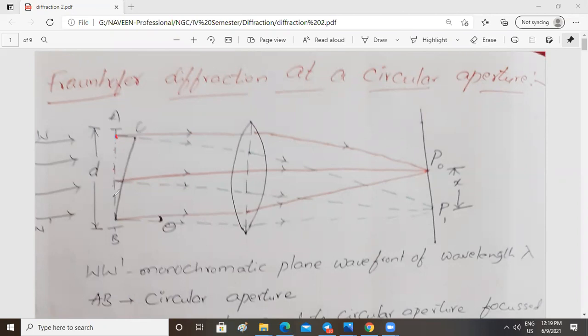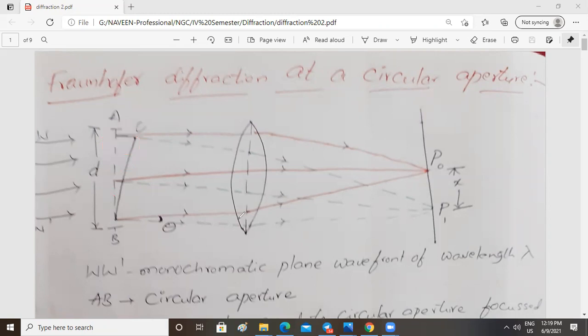So far we have considered only A and B, but if we consider any two points and the distance between them, all the points having the same separation will form a circle. As this is a circular aperture, if we find the locus of those points, we get a circle.